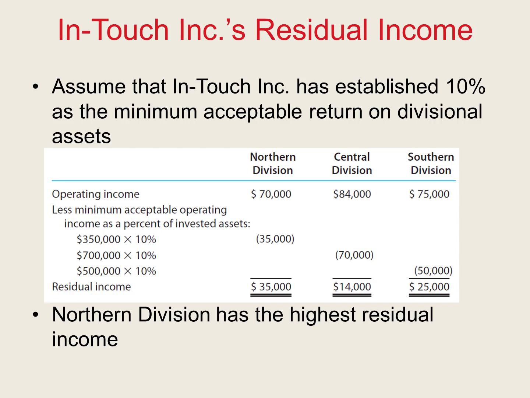And the Southern Division is $500,000 times 10%. We then subtract this from the operating income. What we see is that the Northern Division is performing the best. However, each of the divisions are performing above the minimally acceptable returns on the divisional assets.